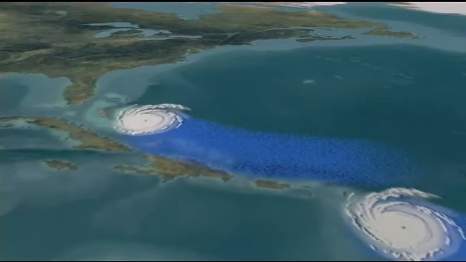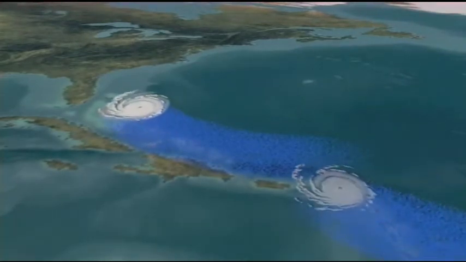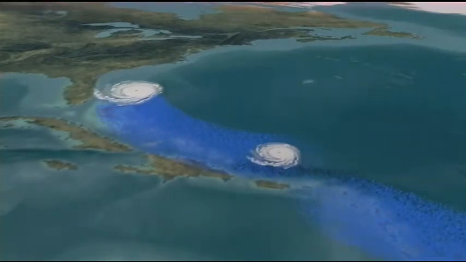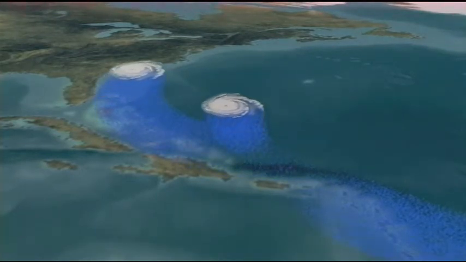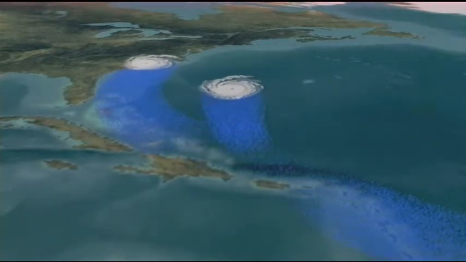Rapid intensification is a phenomenon that's been observed where hurricanes intensify very quickly, just like the name says. Those processes are not well understood, as exemplified by the fact that we have a hard time predicting that rapid intensification.